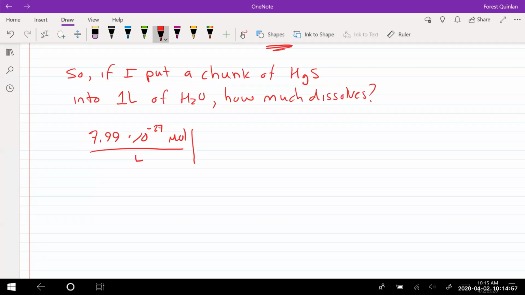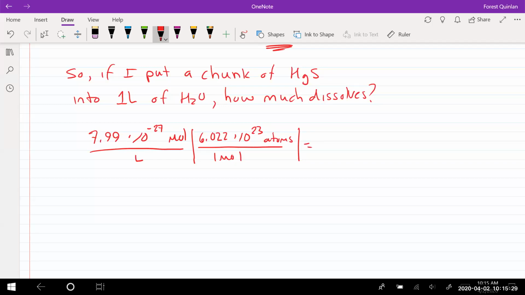Can you remember what that thing was? The most useful, useless number? Oh, Avogadro's number. That's right. So we know that 1 mole is equal to 6.022 times 10 to the 23rd.